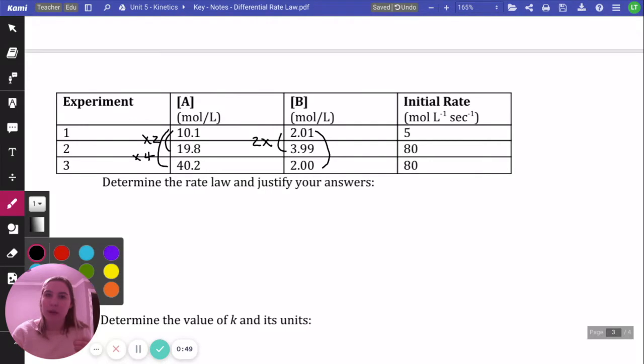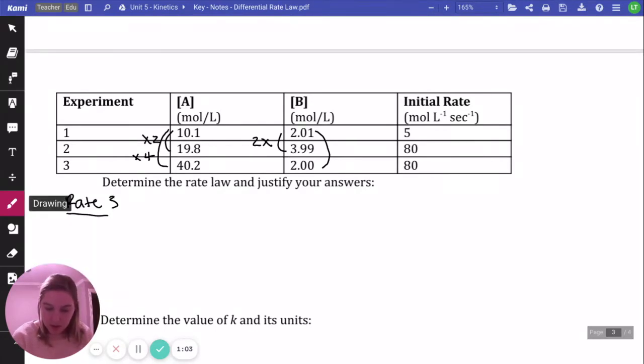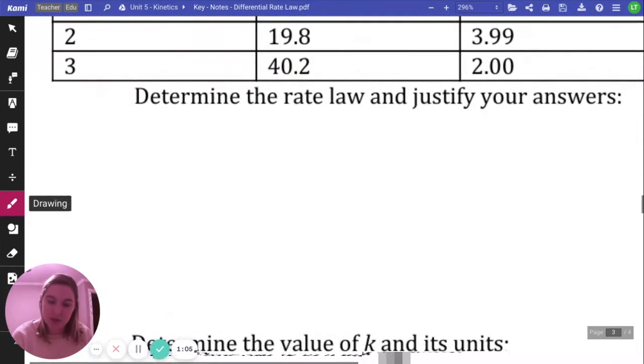So I want to look at some data values where they're very similar. I'm going to look at trial 1 and trial 3 first and compare those rates. All right, so here's what I know. I'm going to compare rate 3 and rate 2. I'm going to zoom in a little bit so it's easier for me to write.